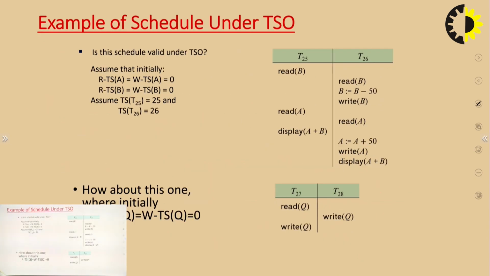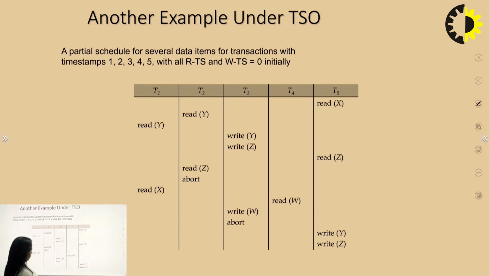Next, here are some examples of the timestamp ordering protocol. Is this schedule under the timestamp ordering protocol? You can clearly see that read B is performed before this; its timestamp is 25 and the other's is 26. So read B is performed before T26 and read A is performed, so this is perfectly a timestamp ordering protocol.